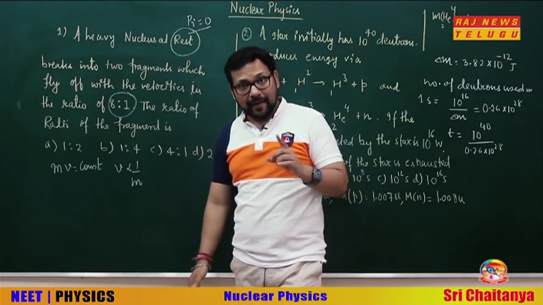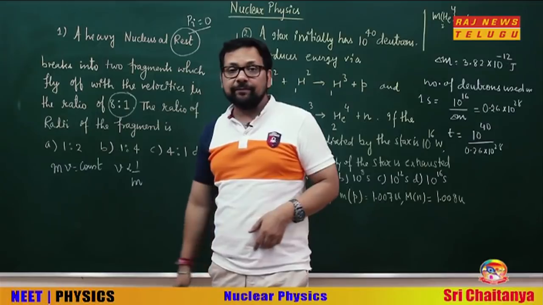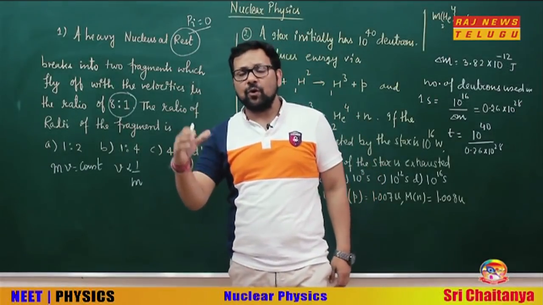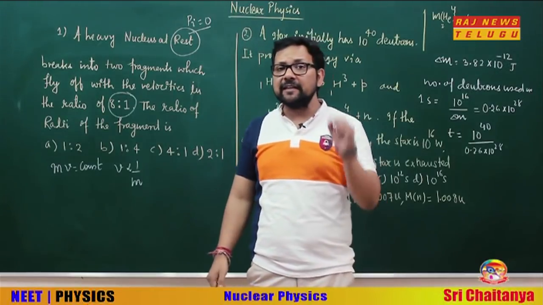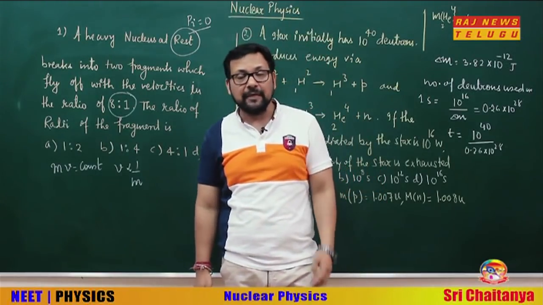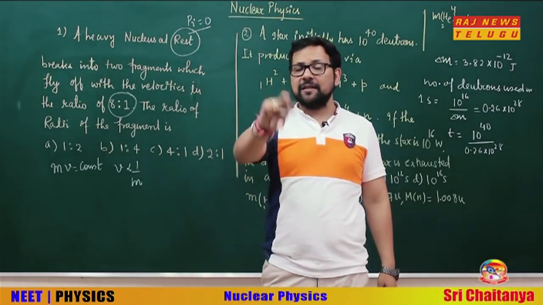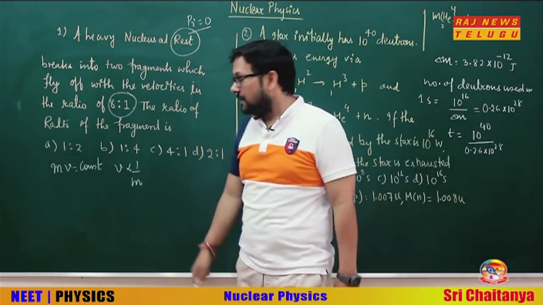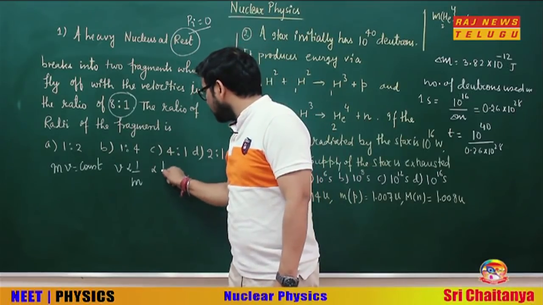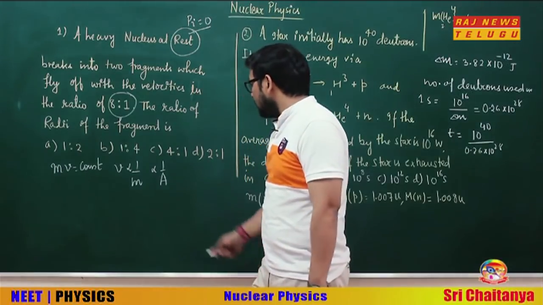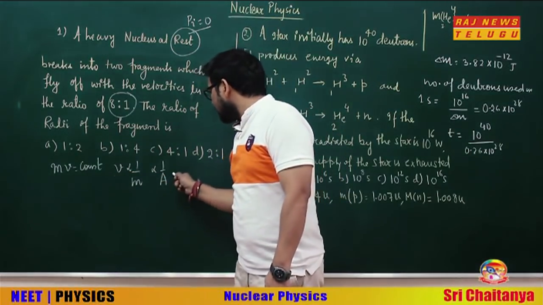Atomic masses of almost all nuclei are integral multiples of the mass of a hydrogen atom, which is why we take mass number as the atomic mass unit. So V is inversely proportional to A, as mass is taken as A.